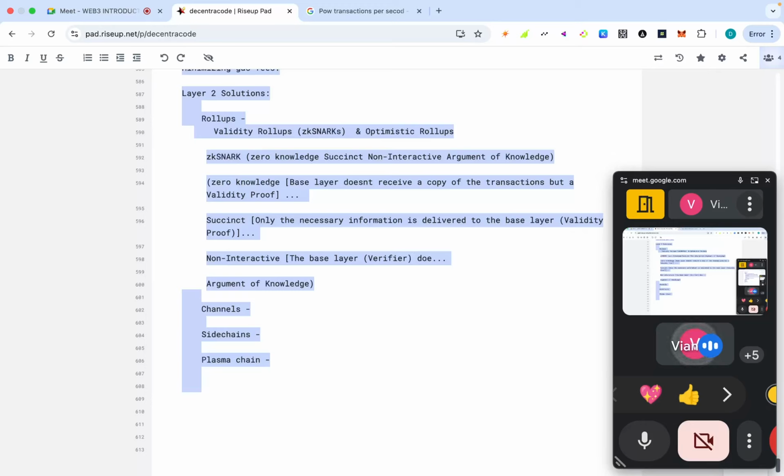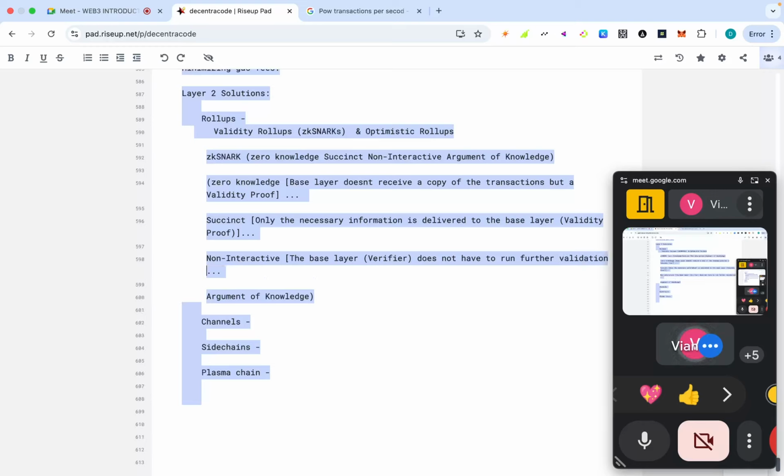So the base layer, which is the verifier, does not have to run further validation computations to validate the proof.